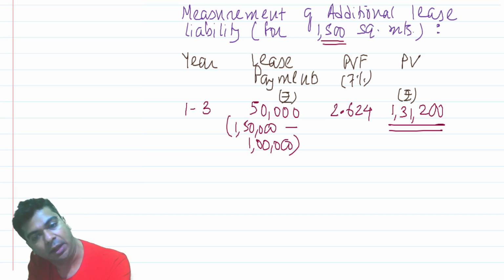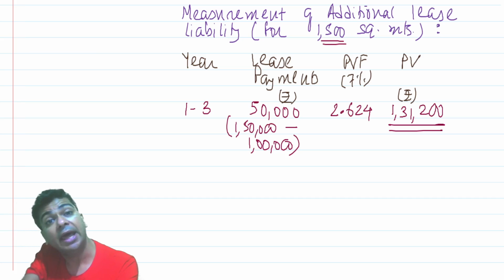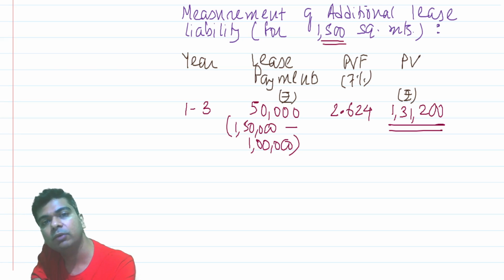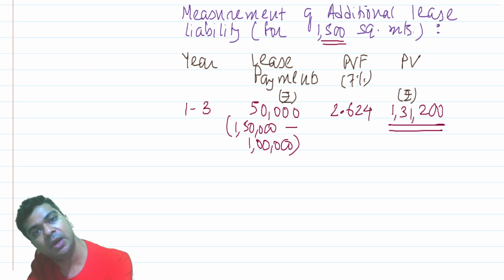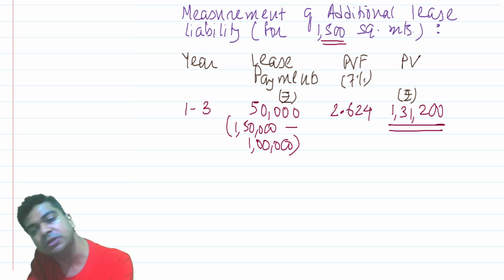So because of that, your lease liability will increase by 1,31,200, and so will your ROU asset. See, ROU asset right now is for 2000 square meters. Now I have to reflect it for 3500 square meters. So I should increase it by 131,200. Your lease liability right now is for 2000 square meters. Now it should be for 3500 square meters. So I should increase it by 131,200, isn't it?